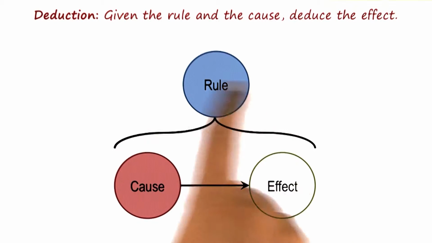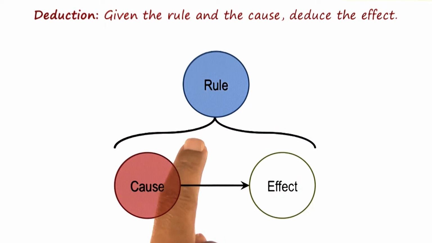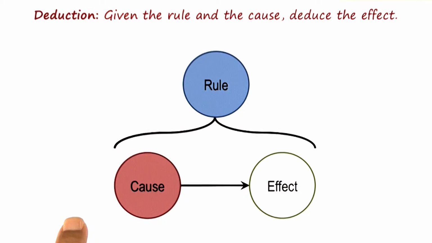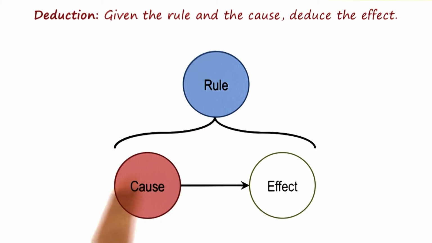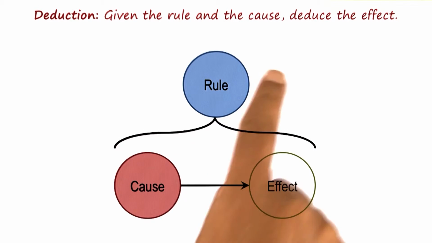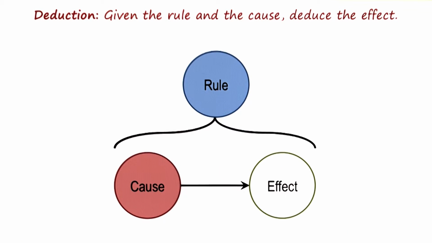So given the rule, if it is cloudy, then it rains, and given the cause, it is cloudy, we can deduce that it rains. Similarly, in our rule that Bob hates Joe, if Joe just walked in, we can deduce that Bob will leave. Or if the rule is if flu, then fever, and we know that Ashok has flu, then we can deduce that Ashok has fever. This is simply an instance of modus ponens, and we discussed this in detail when we were talking about logic.